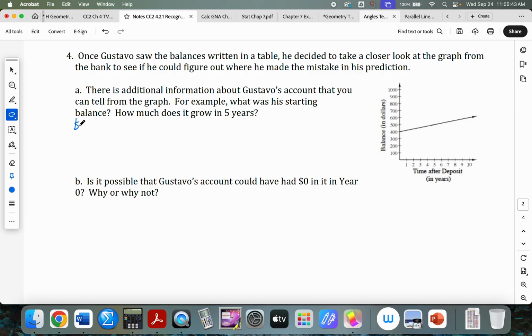At $400. How much does it grow in 5 years? Well, we can kind of look up here. Oh, $500 is how much it has in there. How much did it grow? $100.